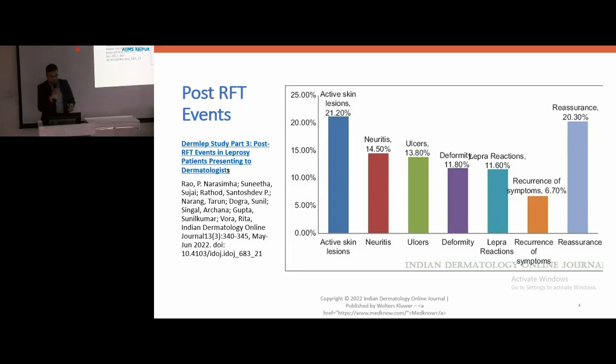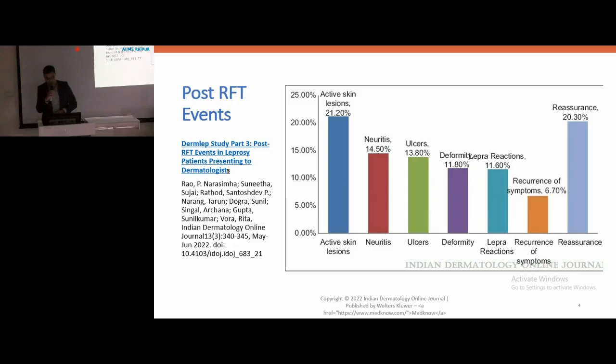We found that around 21% of patients had active skin lesions even after successful completion of RFT, 14% had neuritis, 13% had ulcers, and 11% had deformities. We also see early and late lepra reactions.